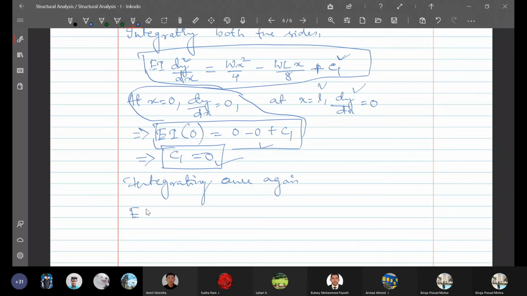EI into y equals, here if I integrate, that will be Wx cube divided by 12 minus W into L by 8 into x square divided by 2 plus C1, which is 0. Since we are again integrating, we will have C2.